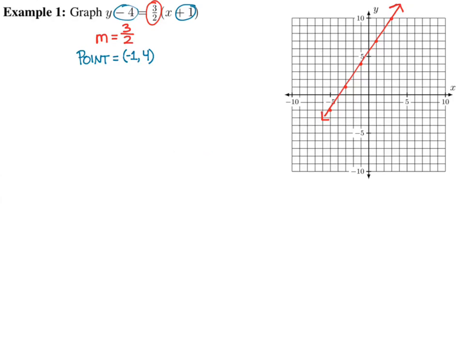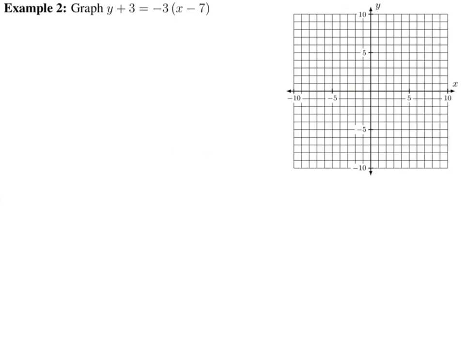Okay, let's do it again. Here we have y plus 3 equals negative 3 times the quantity x minus 7. We'll begin with the slope. The slope is negative 3. And then we need a point, and that comes from the other numbers. Since it's minus 7 in the problem, the x value is 7.